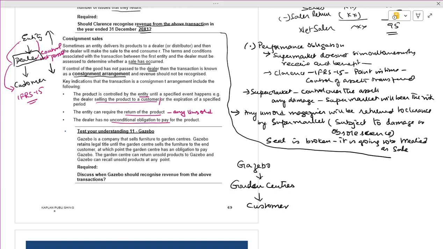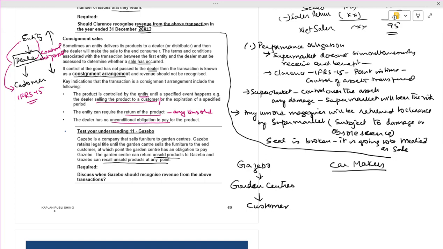At which point does the garden center have an obligation to pay Gazebo? The garden center can return the unsold products to Gazebo, and Gazebo can recall unsold products at any point of time. Usually, in most cases, take the example of car makers, Toyota, Mitsubishi.